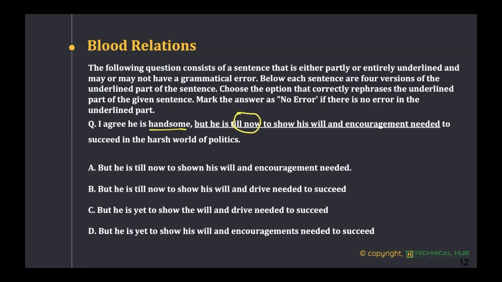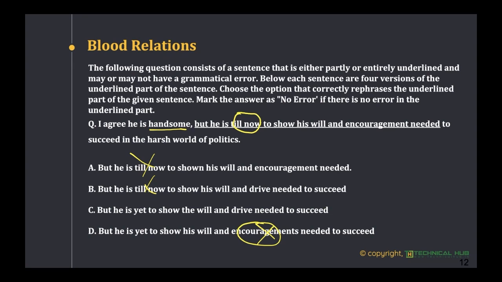But he is yet to show the will and drive needed to succeed. But he is yet to show his will and encouragements needed to succeed. Which one could be the right answer? Will and encouragements? No. Will itself is an encouragement. Will and drive needed to succeed.